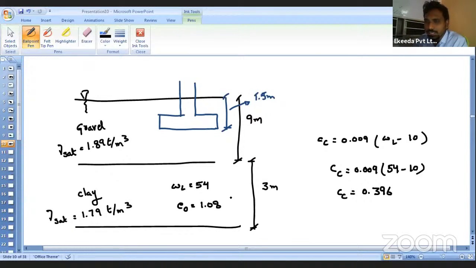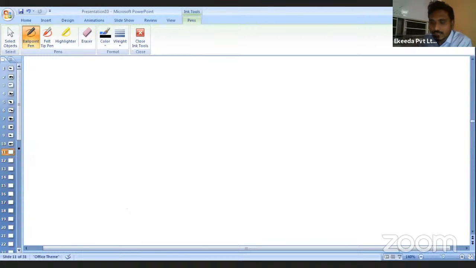If we know the compression index, how can we find out the settlement? If we recall the equation, the settlement happening in the soil will be equal to H naught, the initial thickness, into compression index divided by 1 plus e naught, into log 10 of sigma 2 bar divided by sigma 1 bar.